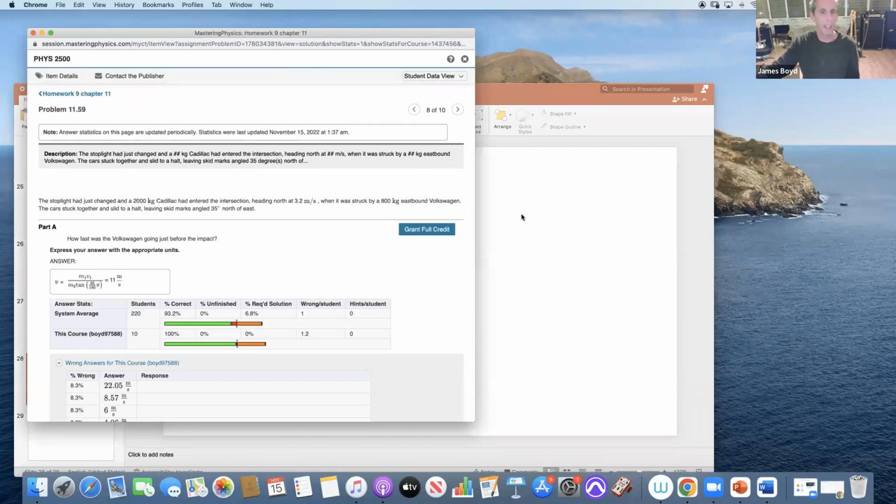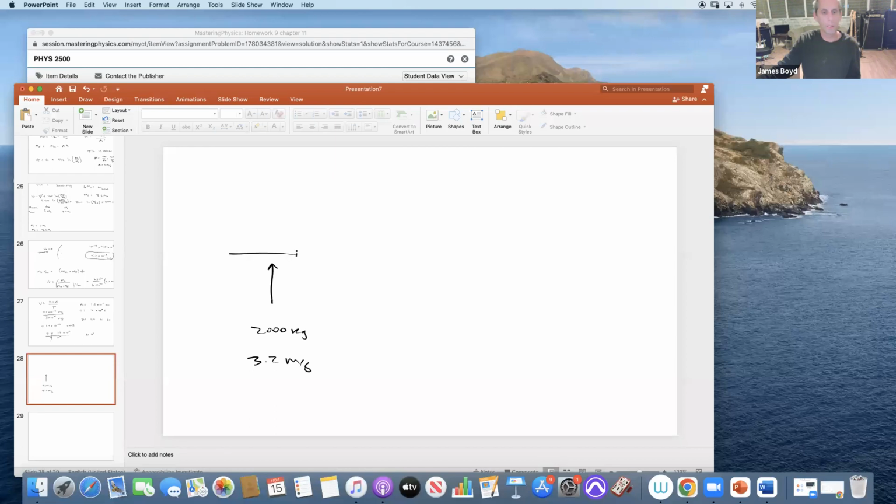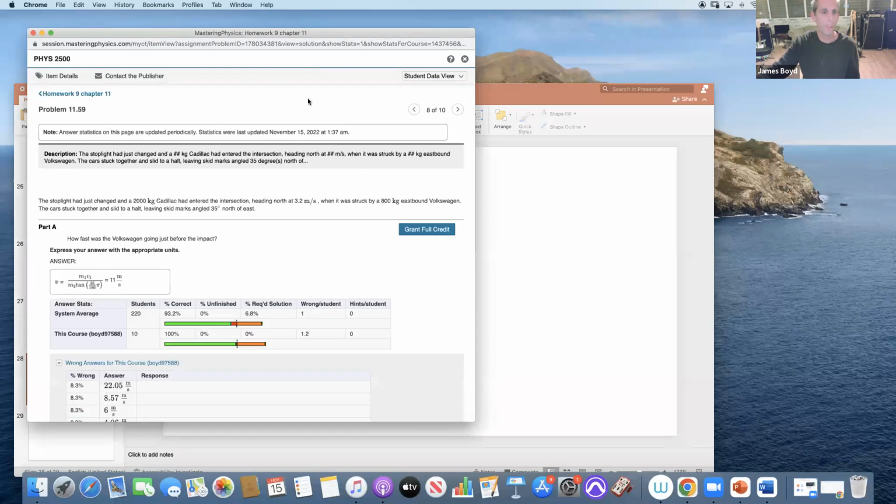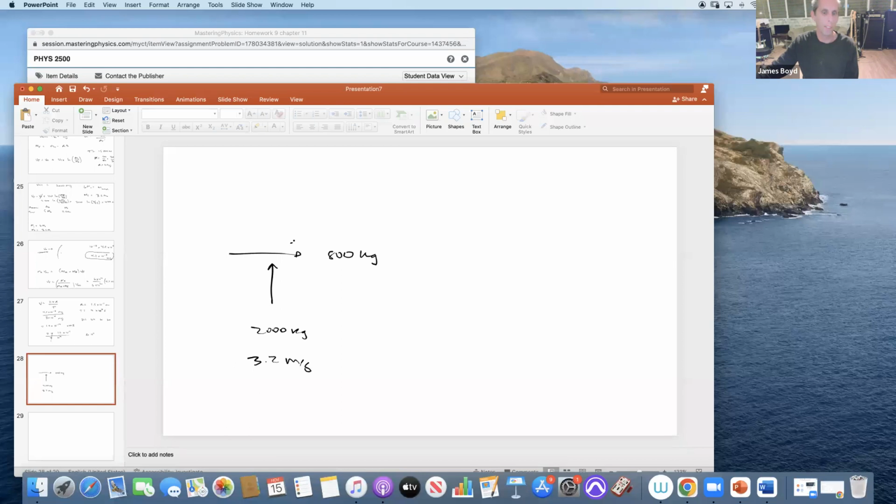And the 800 kilogram Volkswagen sticks together with it. We assume that they hit center to center. We don't know what the velocity is, but we know that they stick together and they end up at 35 degrees as they skid to a stop.